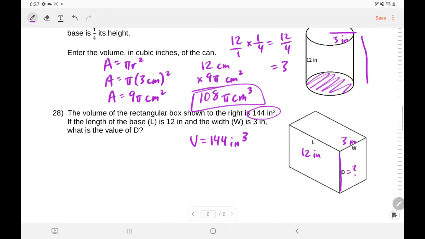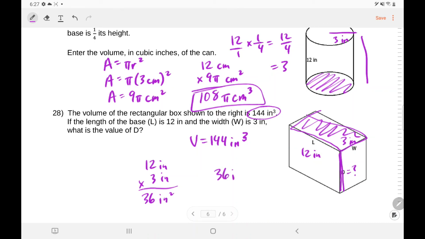So the volume for any rectangular box or prism is going to be the base area, that's our base area, times our height. So 12 inches times 3 inches is going to give us 36 inches squared.